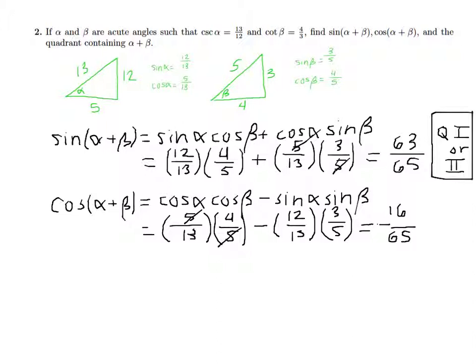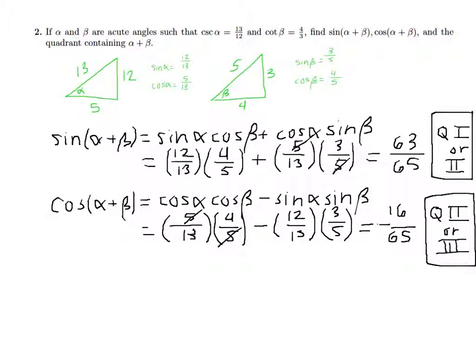And cosine, this is a negative, so when is cosine negative? It's either in quadrant 2 or quadrant 3. And the last part of this question says the quadrant containing alpha plus beta.